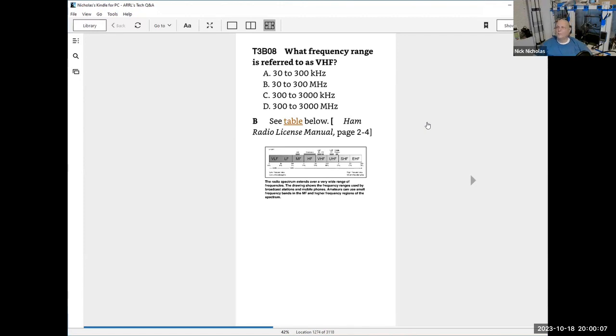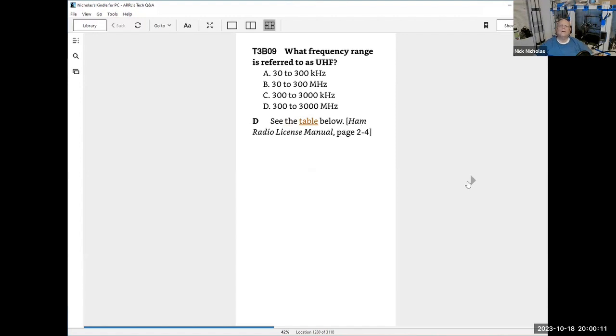Too big a numbers to play with, so they started over with angstroms to make it easier. Okay, what is the frequency referred to in UHF? I told you already, it's above 300 megahertz, and it goes up to 3 gigahertz, which is 3,000 megahertz.